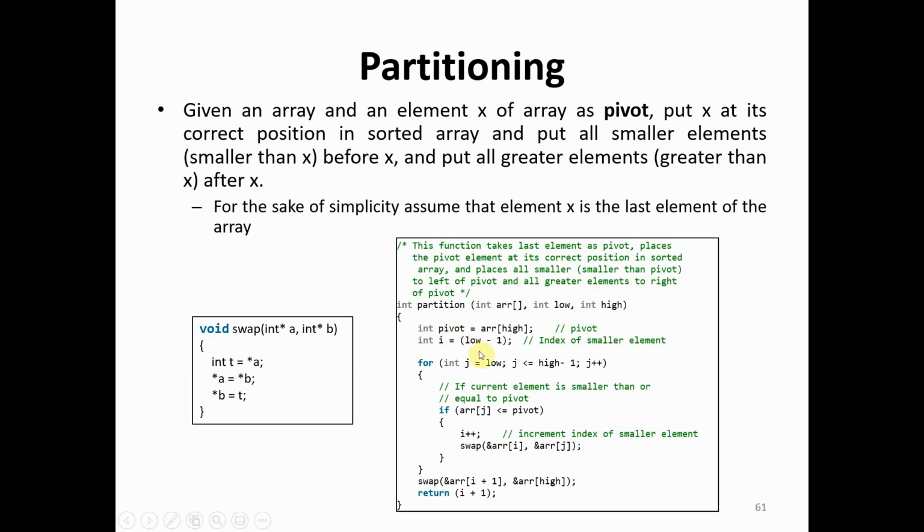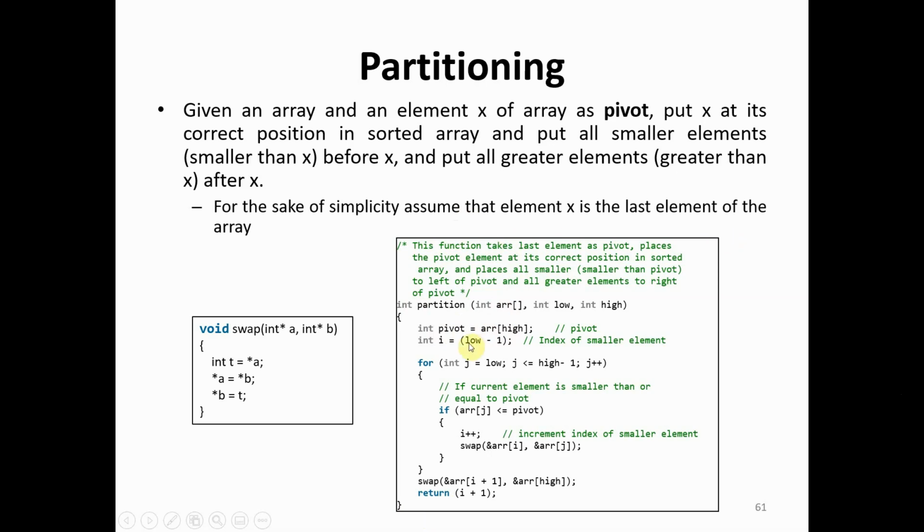What does that mean? It means that we want to partition this array so that by the end of this function, the pivot would be moved to the correct location that it would have in a sorted array.